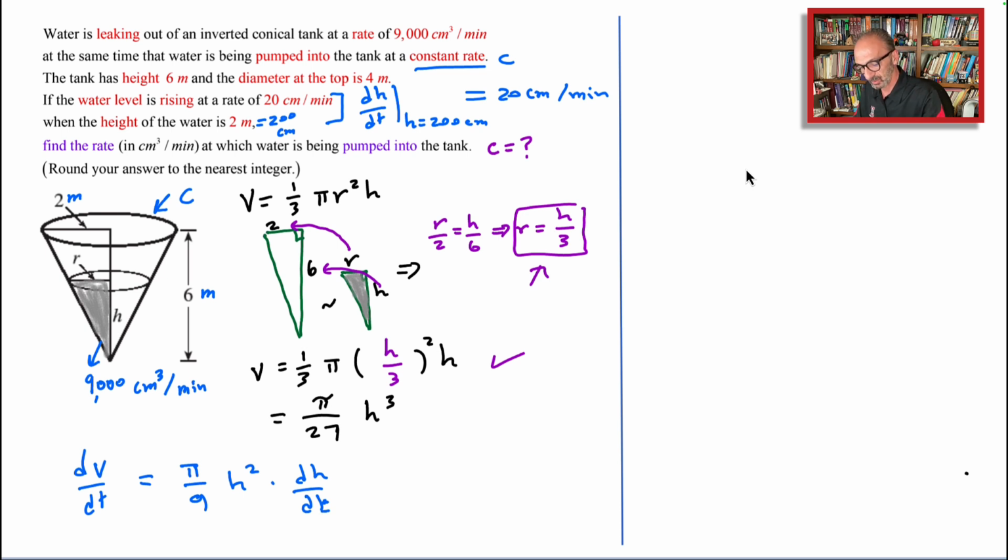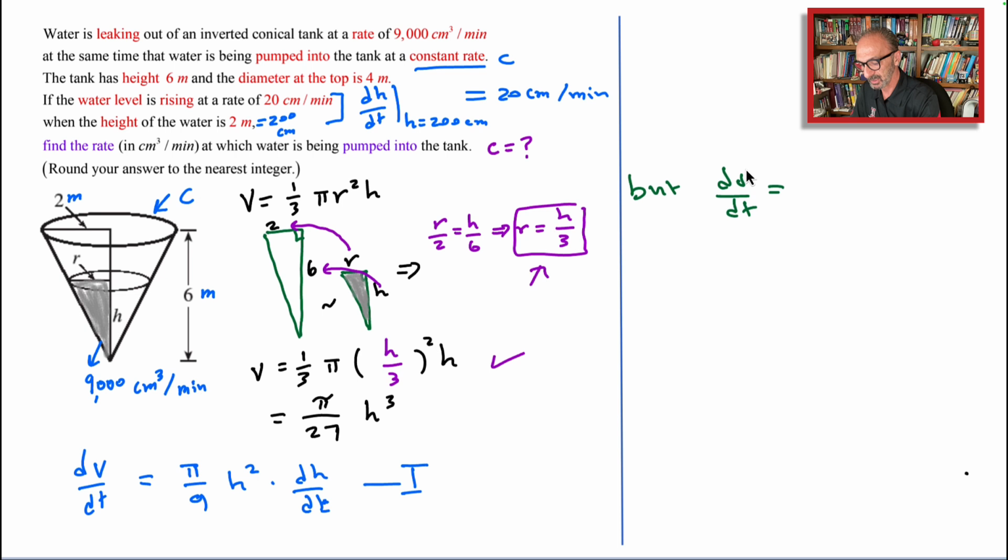This equation, let's call it equation number 1. We have another one. dV dt equals the rate of the volume with respect to time, notice that we have this rate going in and this rate going out.